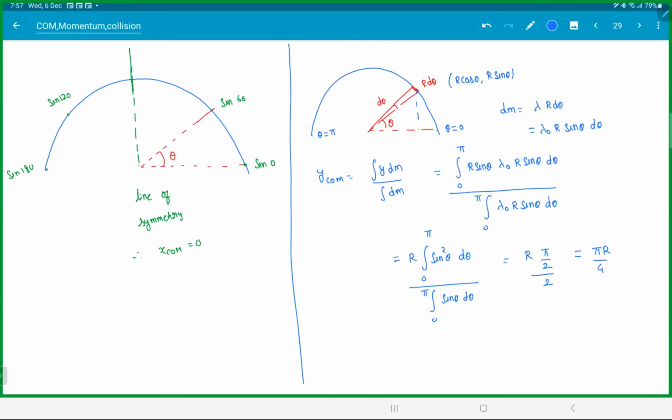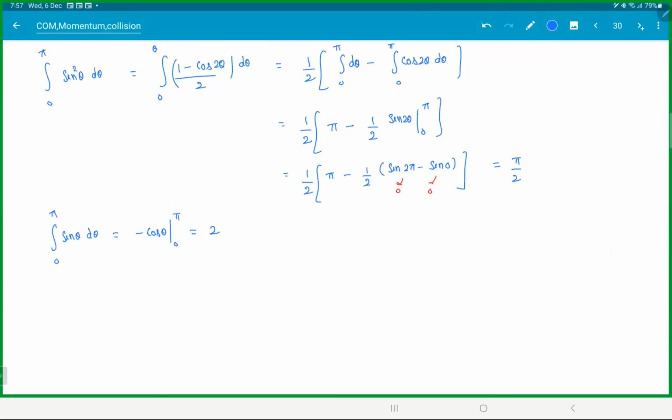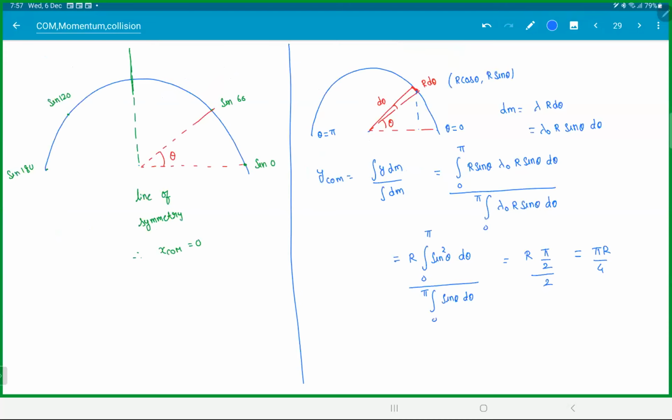Very important. That is something I mentioned while teaching you integration also. And this is how you integrate sine square in case you forgot: you have to write it in the form of 1 plus cos 2 theta and 1 minus cos 2 theta and solve. Please check the steps. That's how you get the center of mass even for a non-uniform arc.